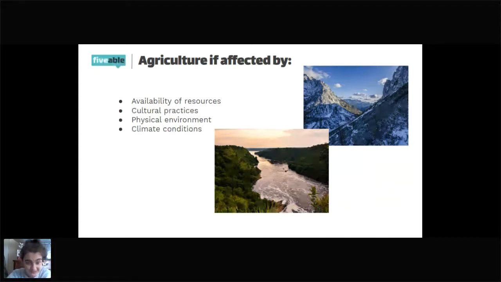And cultural practices. Cultural practices is an interesting one because it's basically affected by culture.